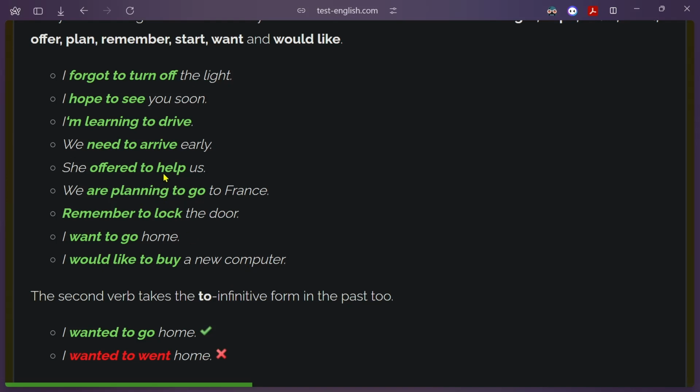Yes. She offered to be our kapia. Maybe she offered to be our kapia. Right? She offered to be our kapia.